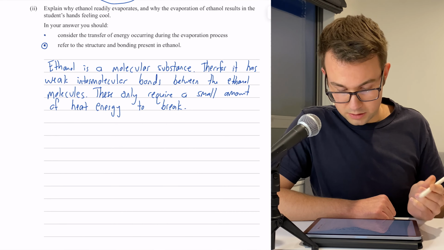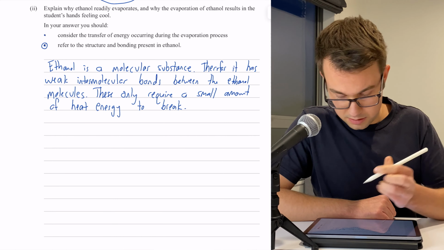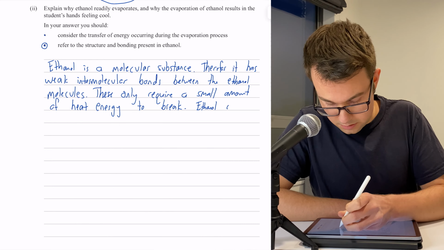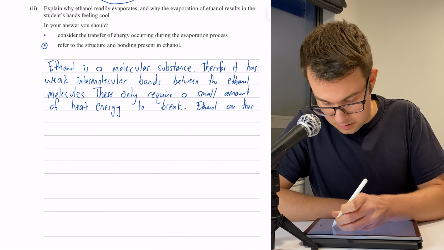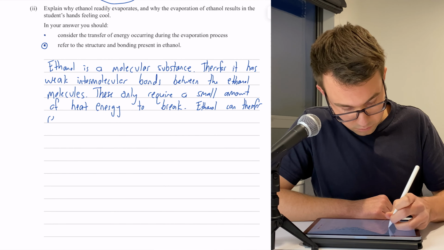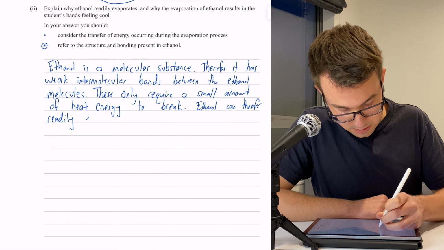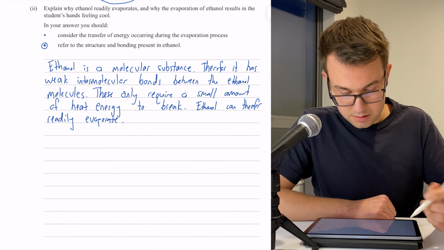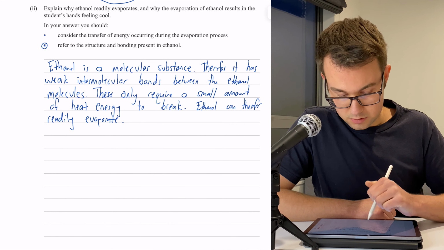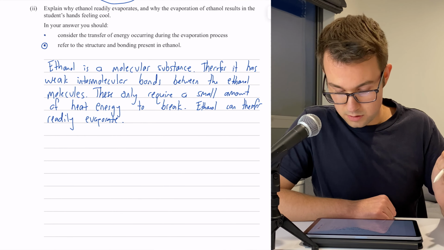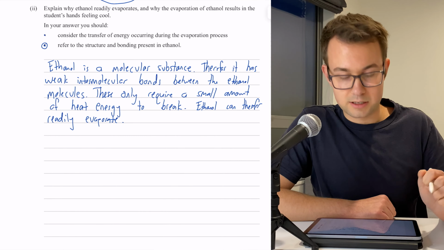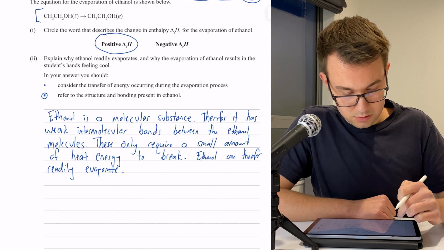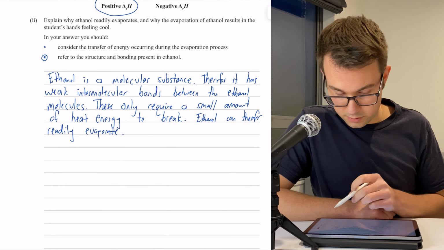Okay, perfect. So what does that mean? That means that ethanol can therefore readily evaporate, because it doesn't require much energy at all to break these intermolecular bonds, and then ethanol can evaporate. Awesome.